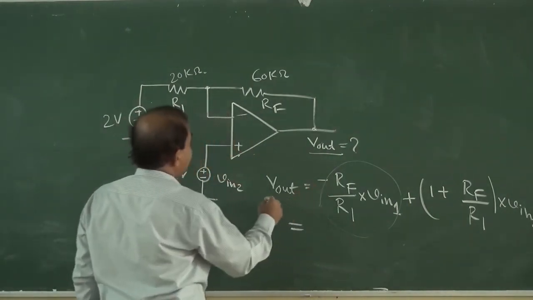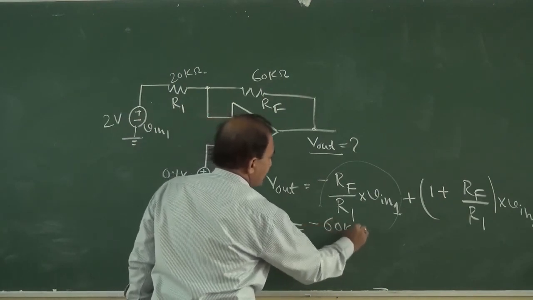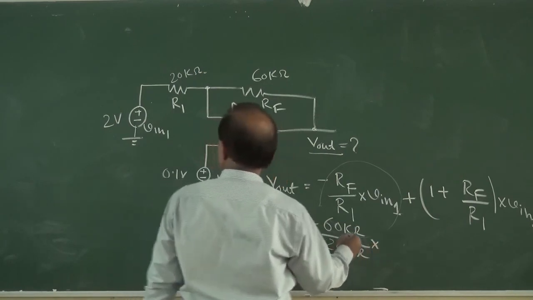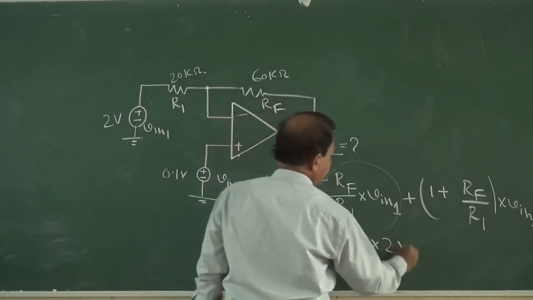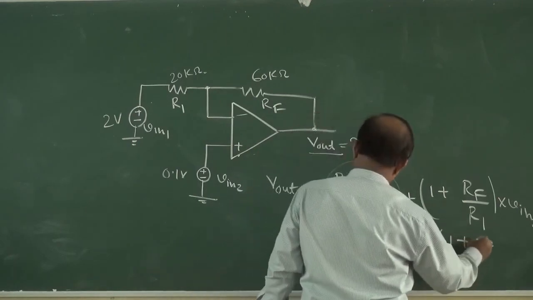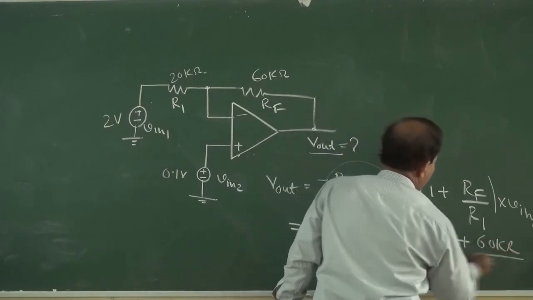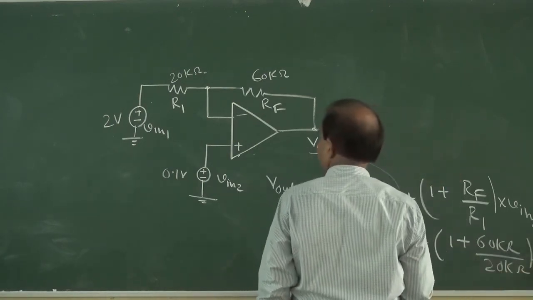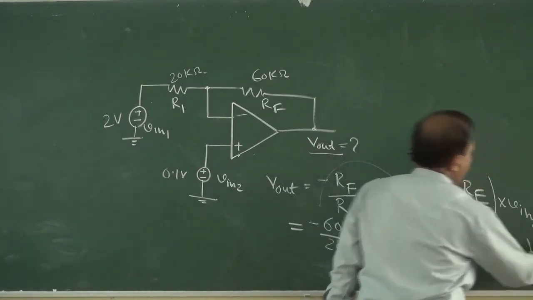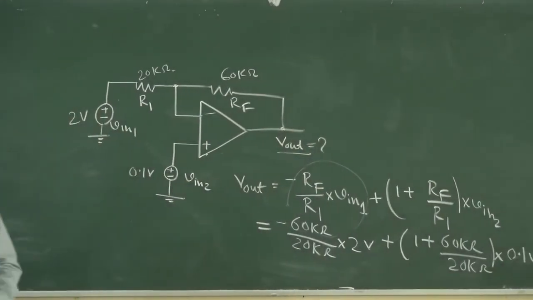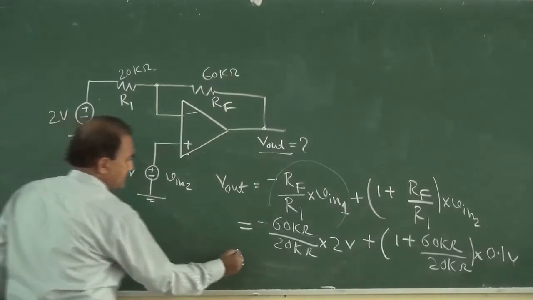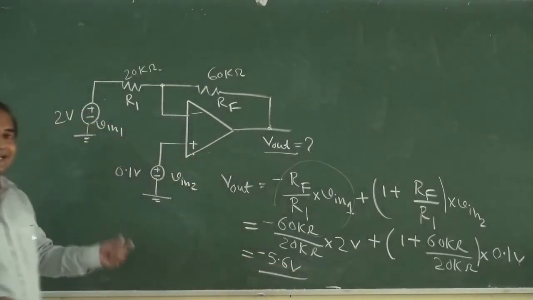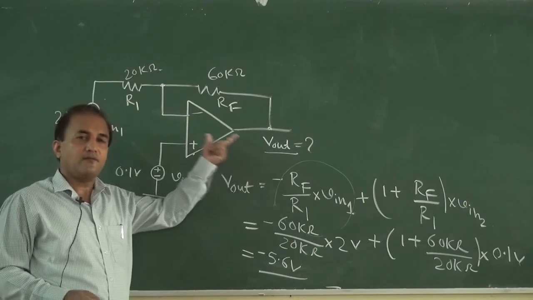So Rf is 60 kilo ohm, R1 is 20 kilo ohm, V in 1 is 2 volt, plus 1 plus 60 kilo ohm divided by 20 kilo ohm multiplied with V in 2, which is 0.1 volt. Finally we get minus 5.6 volt. So in this way we can determine the V output for this circuit.